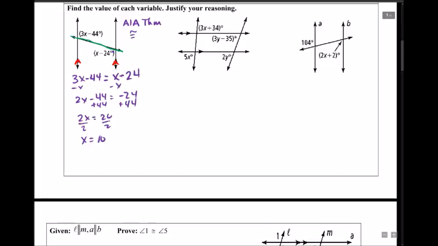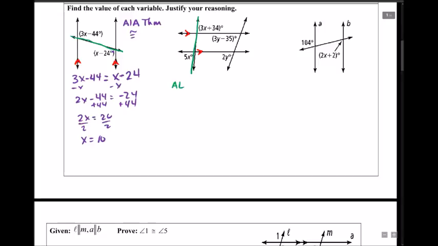All right, let's go to the next one. Oh my, we have lots and lots of lines. I see that these two lines are parallel, but that is all that is parallel. So let's find our transversal. I see a transversal right here. And what type of angles do we have here?